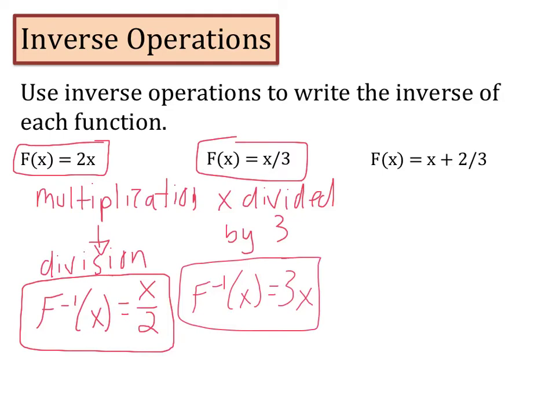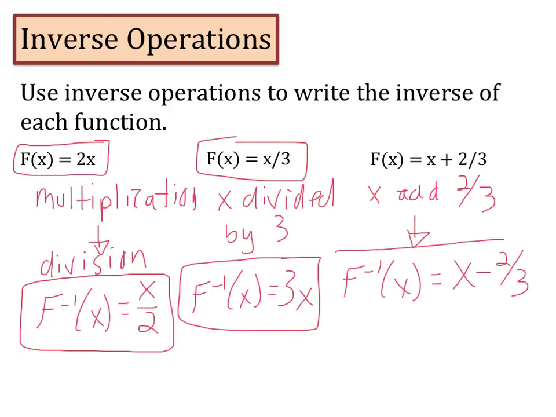In this last problem here, we have x being added to the quantity 2 divided by 3. So the inverse of that would be x minus 2 thirds. Once again, you want to think about what's happening to the variable and do the inverse of it.